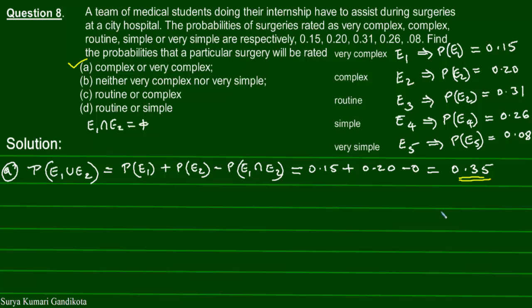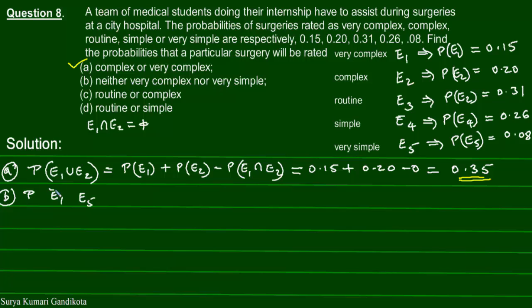This is the answer for the first part. Now, let us do part B, neither very complex nor very simple. Very complex is E1 and very simple is E5. Now, let us understand this. Neither, nor.